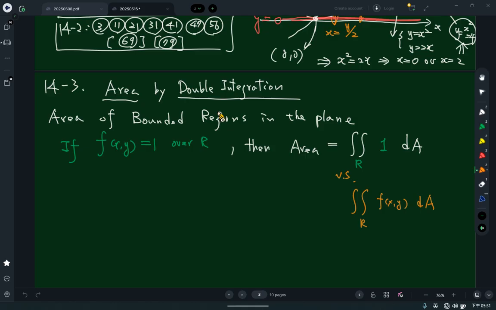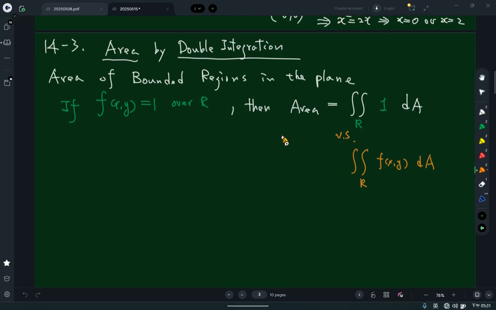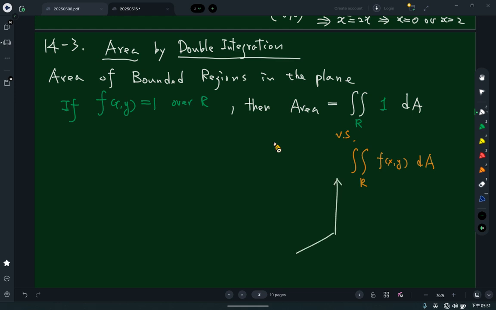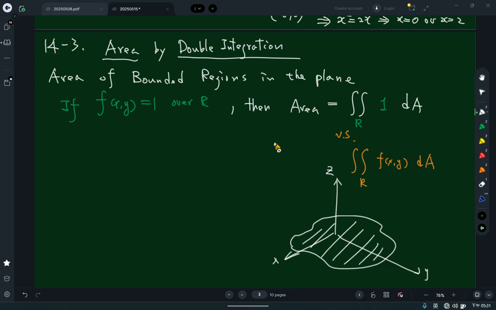try to use the double integral or double integration to calculate area, which is bounded by some straight line. So you can imagine that in this case, if I give you the region, this is the region R in the XY plane, right?